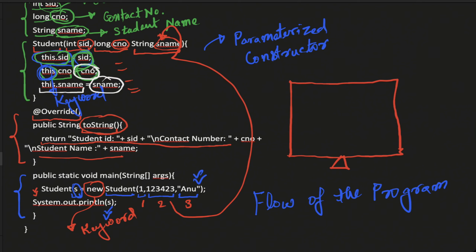Then the current object now has the values 1, 1234223, and the third argument Anu inside it. Now the toString method is called once this object is created, because this is an inbuilt method that is called implicitly. It will return the student ID, then contact number, then student name.